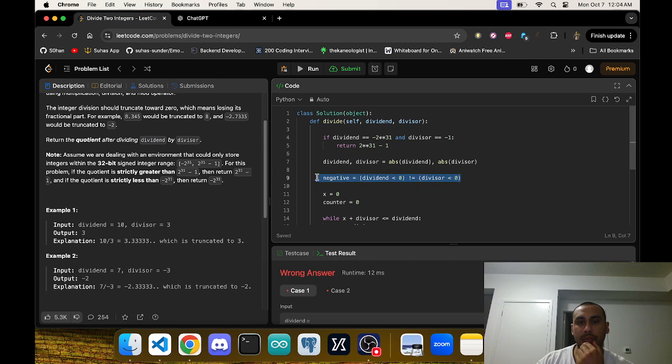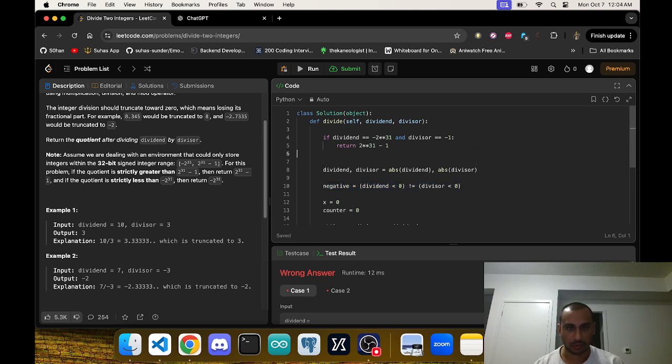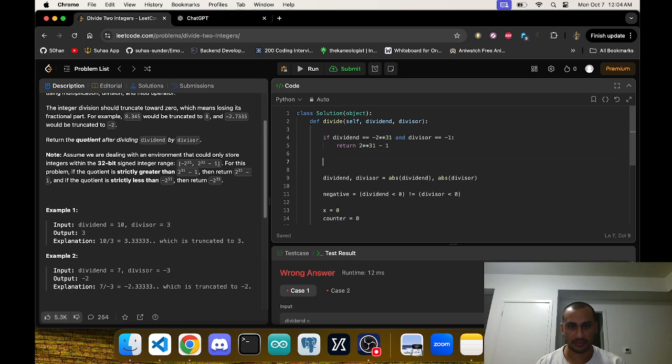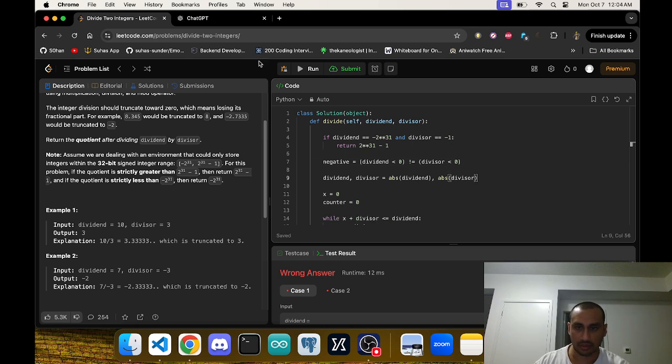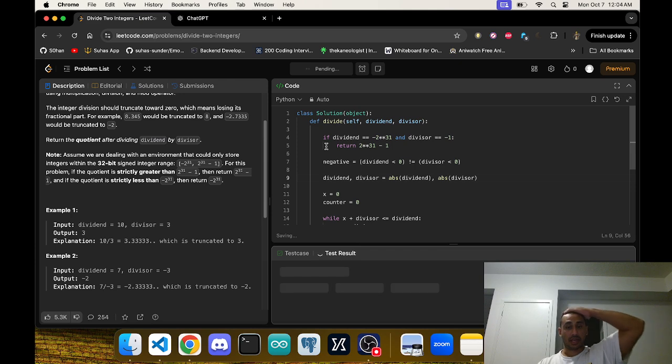Oh, move this line up before the absolute value. Okay. Oh, because we have to determine negative before that value. That's why. Once you turn it to absolutes, then this doesn't really matter. So the order of the way it's executed matters. That will turn it green.